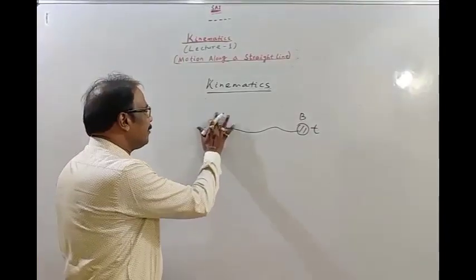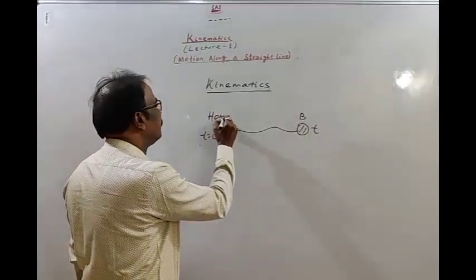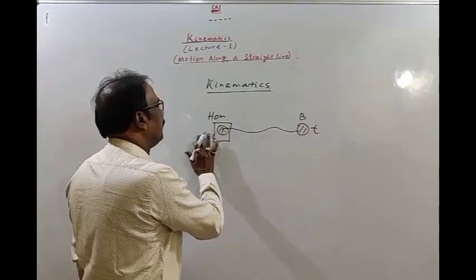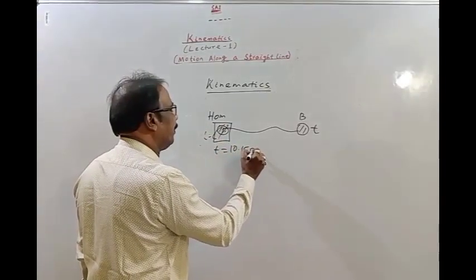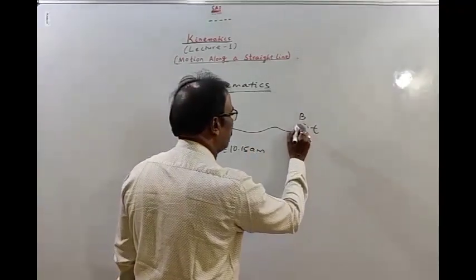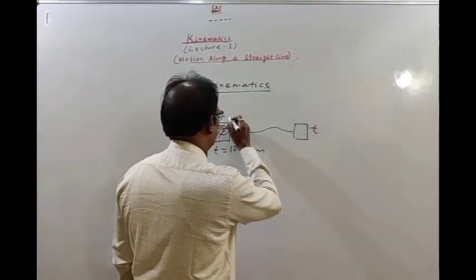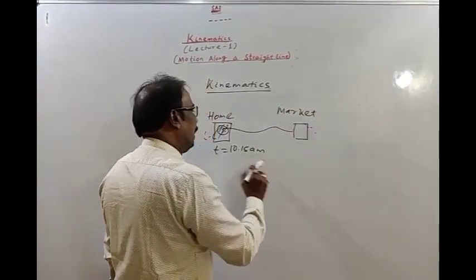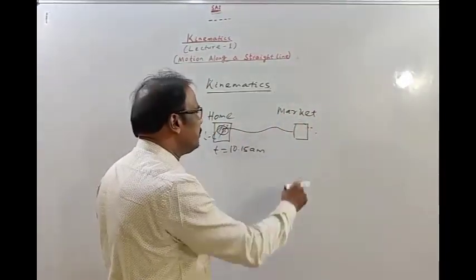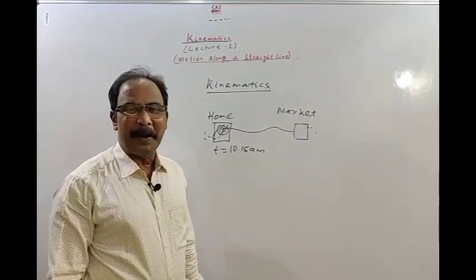If a man starts from his home, this is home, at 10:15 a.m. and goes to the market, this is the market. Then the distance may be measured, maybe along a straight line, maybe along a curved path.